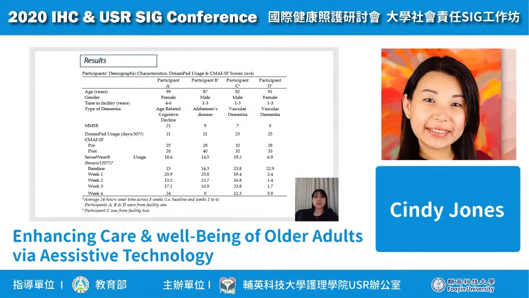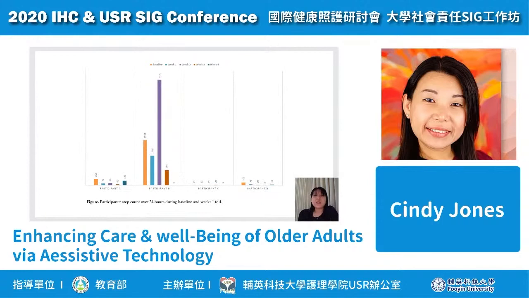And the usage time is not great. They did not wear the SenseWare long enough for the full period that we expect them to. So it did have an impact on our collection of data when it comes to wandering, when it comes to sleep. All right.